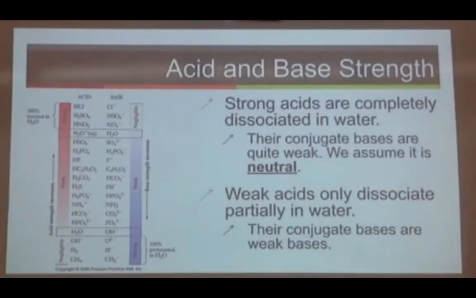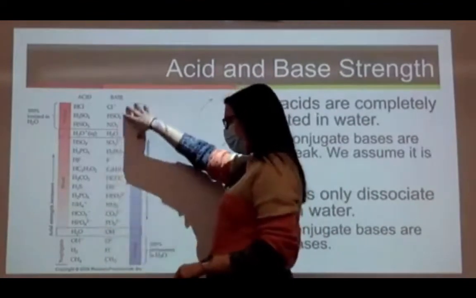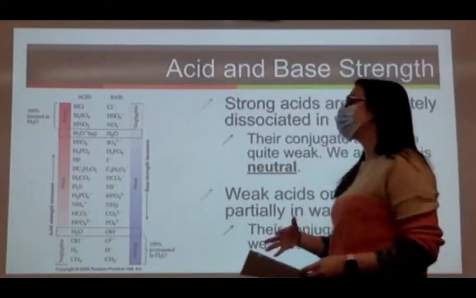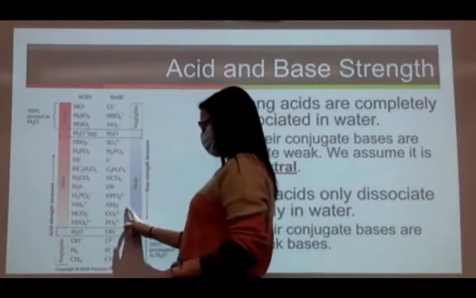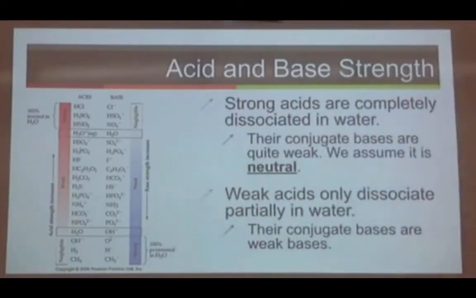I want to look at a couple things from the video. One of them was looking at strengths of acids and bases. This diagram that was in the notes is going to be useful because it shows strong acids and strong bases, and we're going to use it as we talk about what acid and what base is stronger.